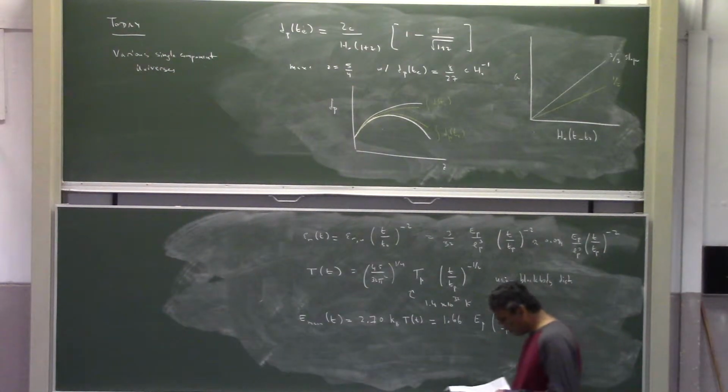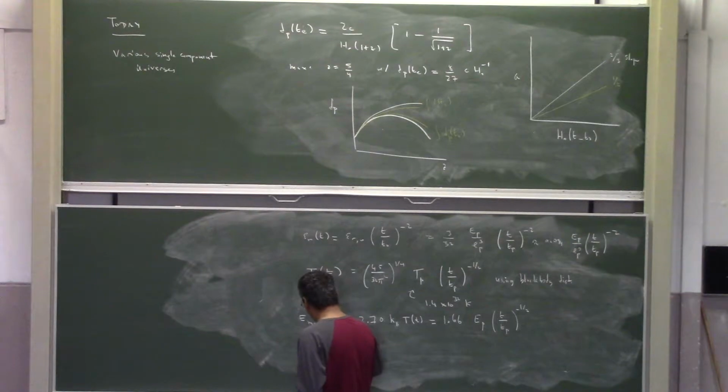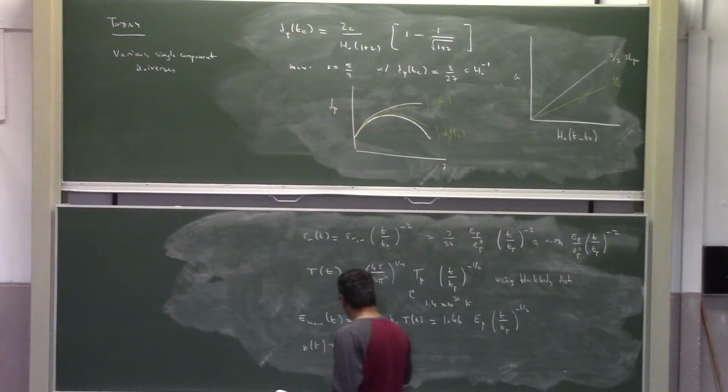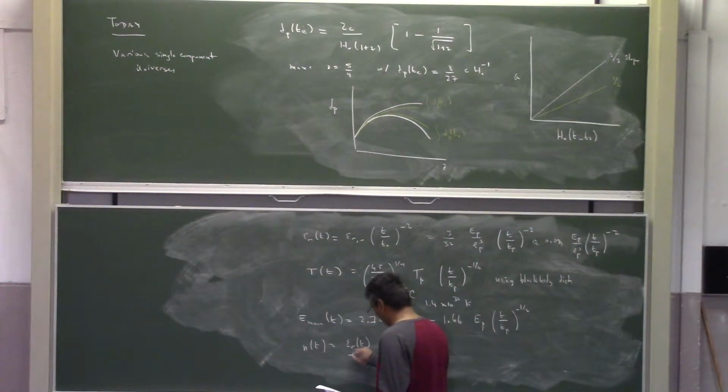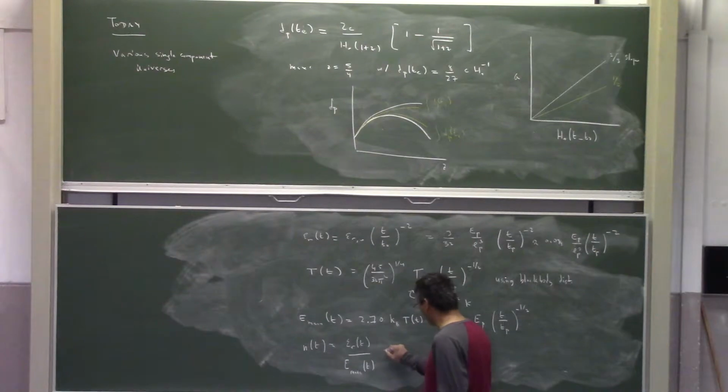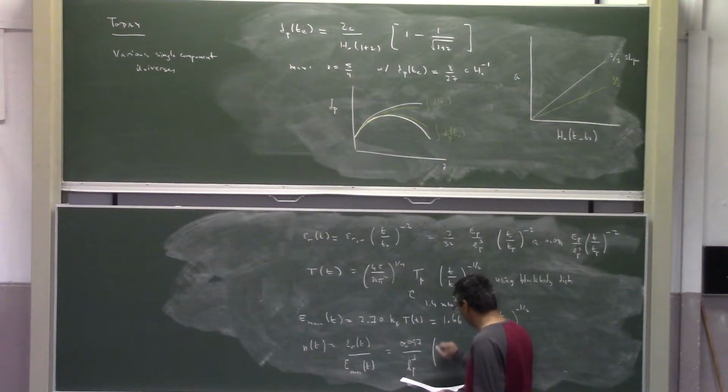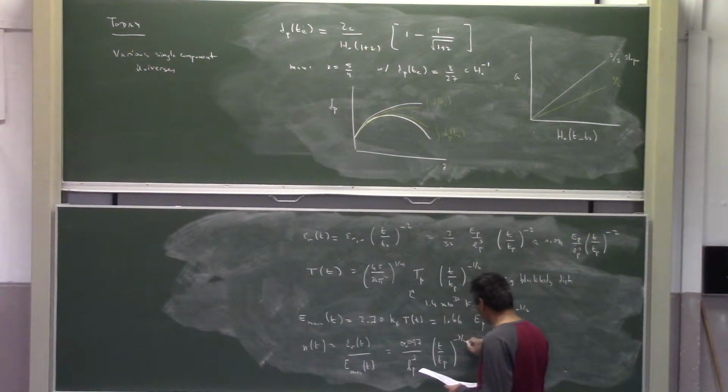So the number density at a time t is the energy density of the radiation divided by the mean energy at a time t, and this works out to 0.057 over Planck volume (t over TP) to the minus 3/2.